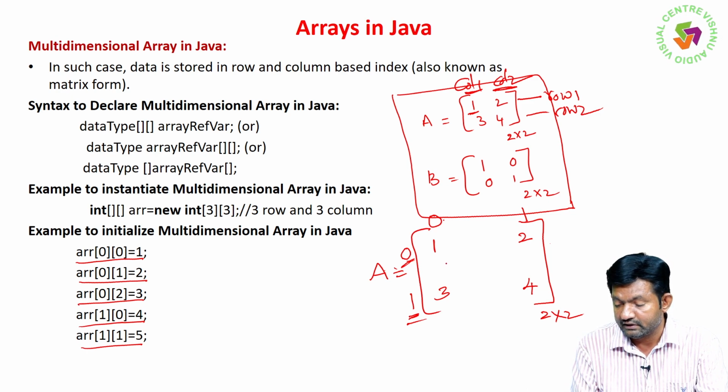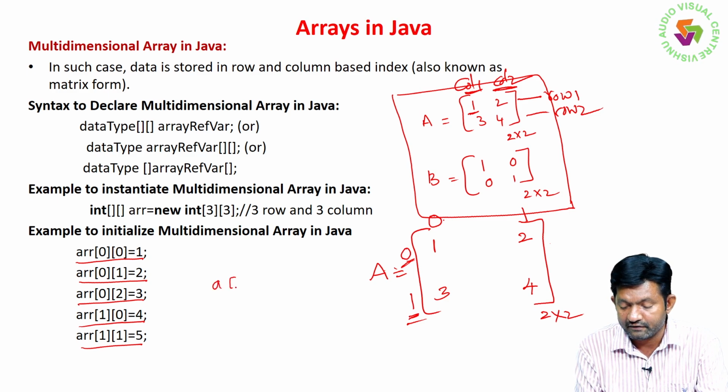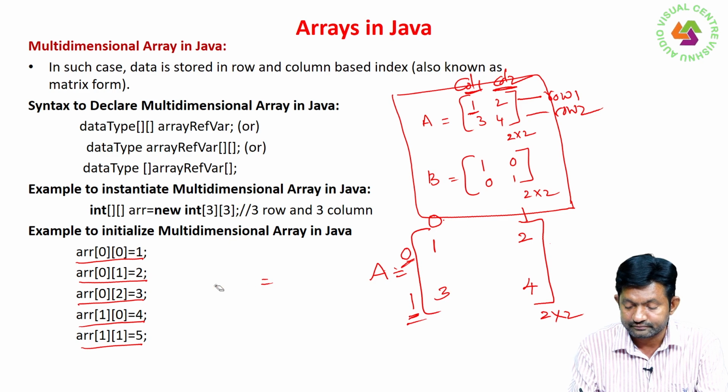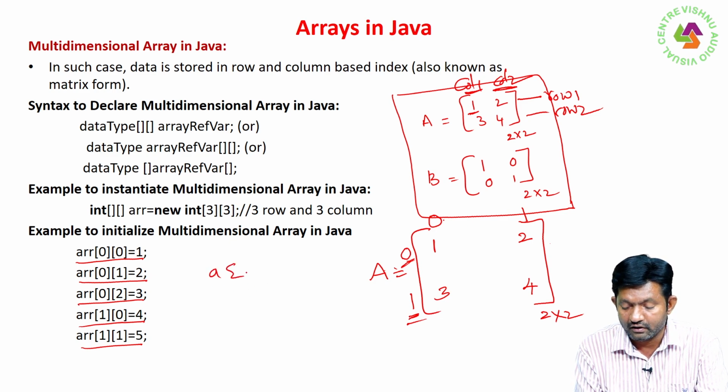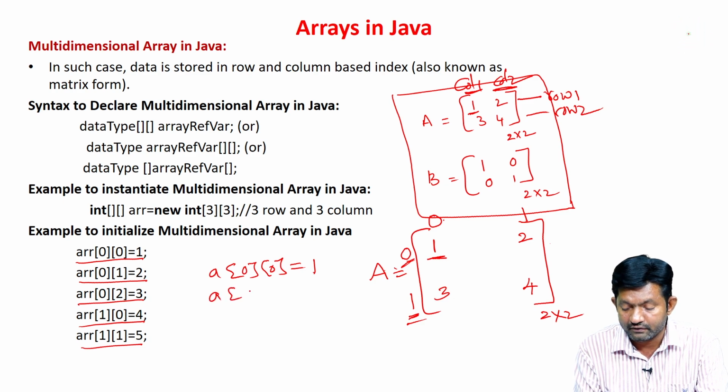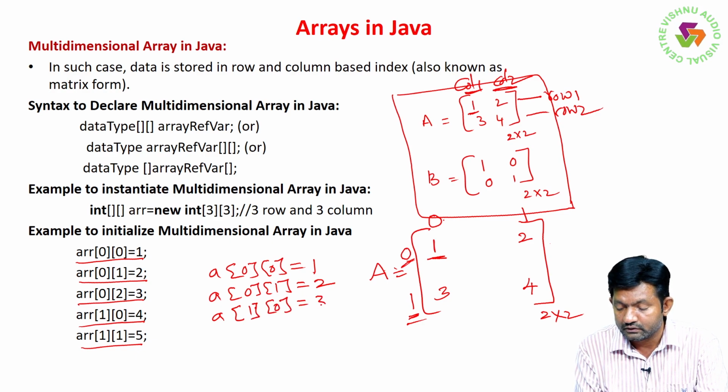In this matrix A, A of 0, 0 is equal to 1, A of 0, 1 is equal to 2, A of 1, 0 is equal to 3, and A of 1, 1 is equal to 4.